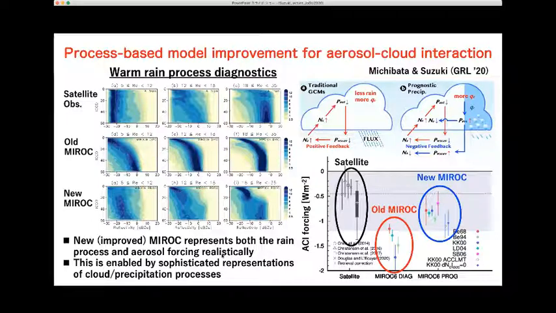And this is enabled by the more sophisticated representation of cloud processes that's informed by satellite observations. So that's, I think, one of the major recent progresses based on combining modeling and observations.